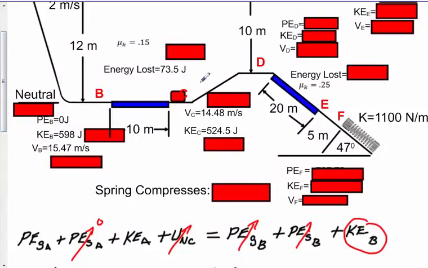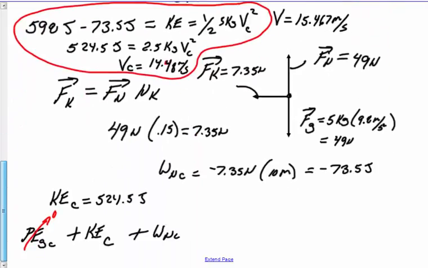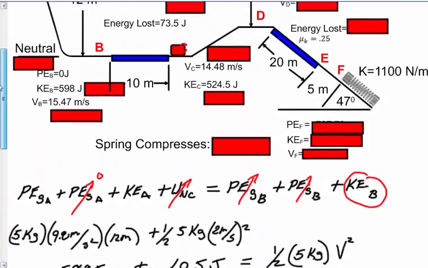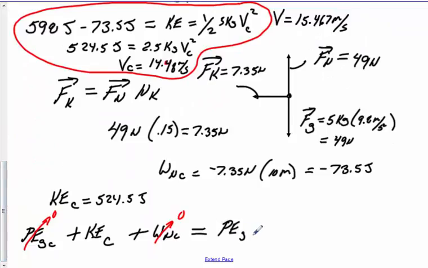There's no frictional force between C and D. We will make that also 0. There's no spring potential, so we can ignore that. So that must equal the gravitational potential energy at that point, which we're calling D, plus the kinetic energy I have at D.